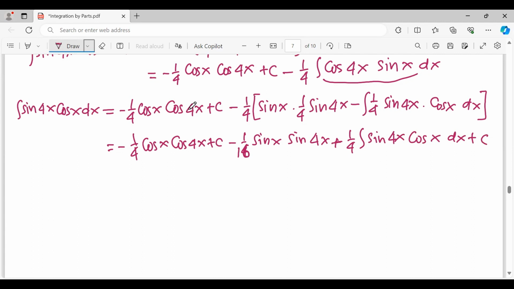The c is already here, no need for this c.